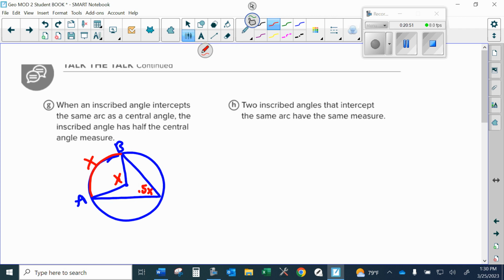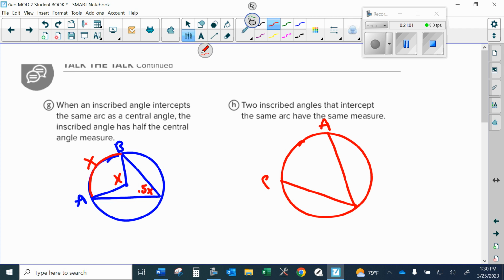Two inscribed angles that intercept the same arc have the same measure. Okay, so let's say I take, call it A, B again, and D, call this C. Connect it like that. So two inscribed angles. Remember this is an inscribed angle, that's an inscribed angle.